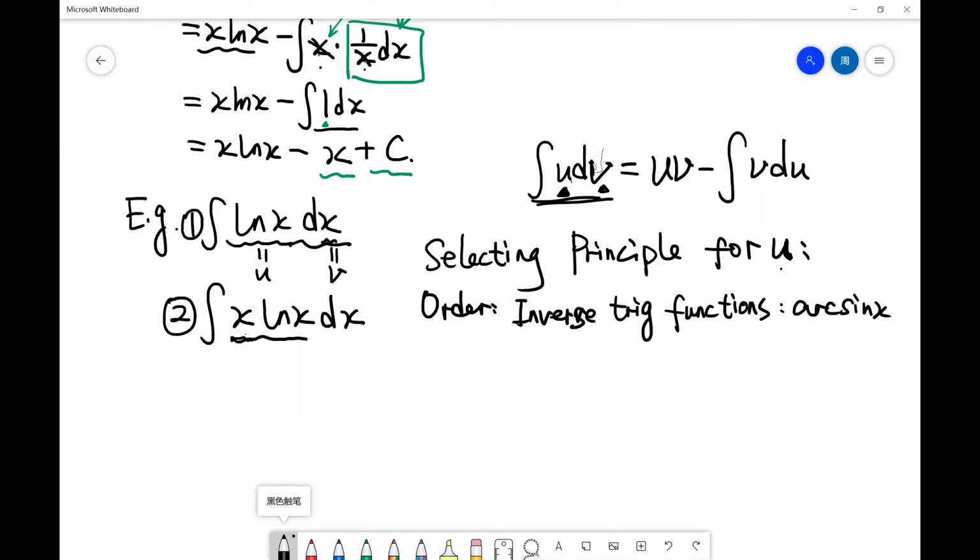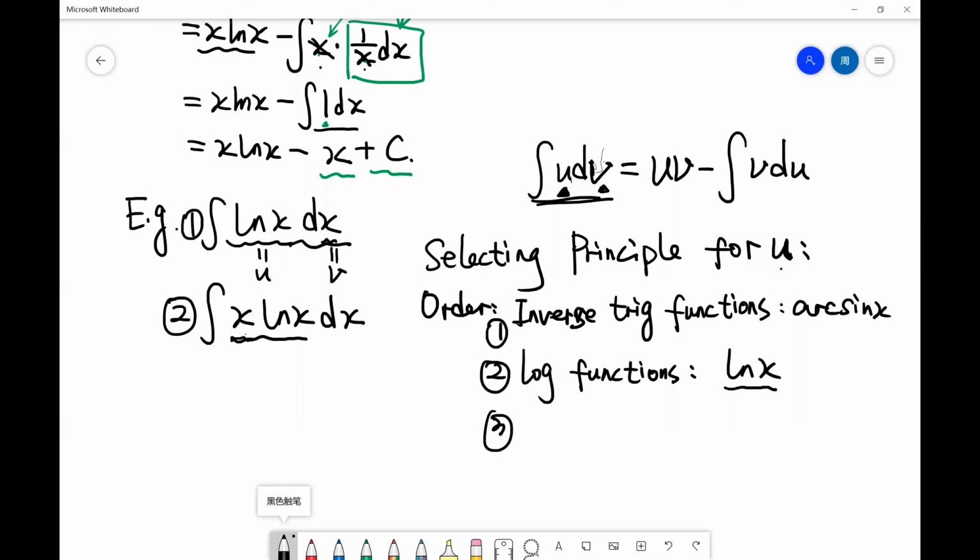So the first is the inverse trig function. The second should be log functions, and the log function we use most is ln x, right? Ln x is a special kind of log function with the base e.